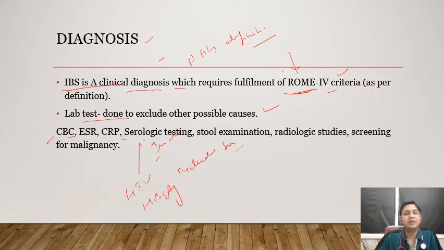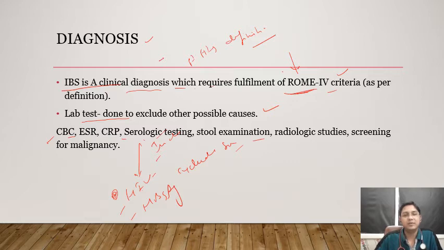As we all know, for chronic diarrhea or chronic constipation, one differential is HIV. If the chronic diarrhea or constipation is associated with significant weight loss, the first thing we should think of is HIV. So we will go for HIV.